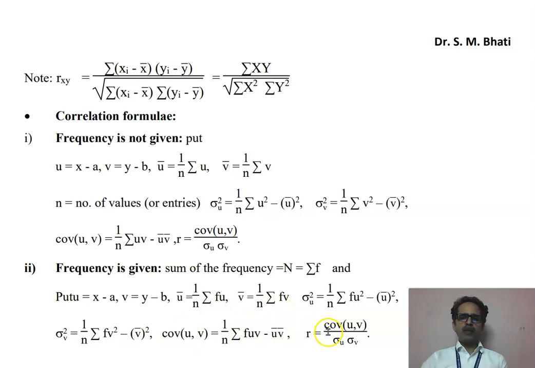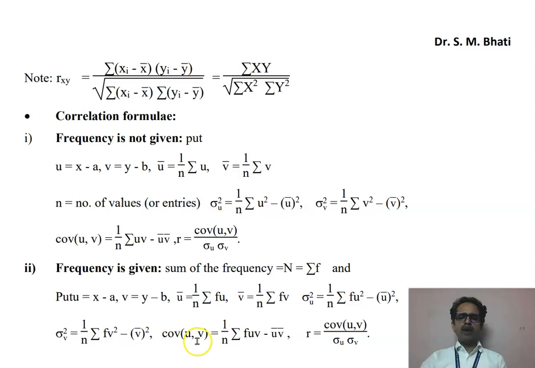Then we have the formula for sigma u whole square as 1 upon n summation fu square minus u bar whole square. Likewise, we can write down the formula for sigma v whole square. Sigma v whole square is equal to 1 upon n summation fv square minus v bar square.